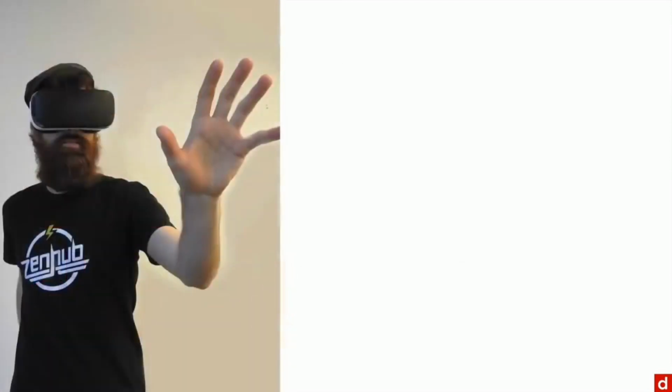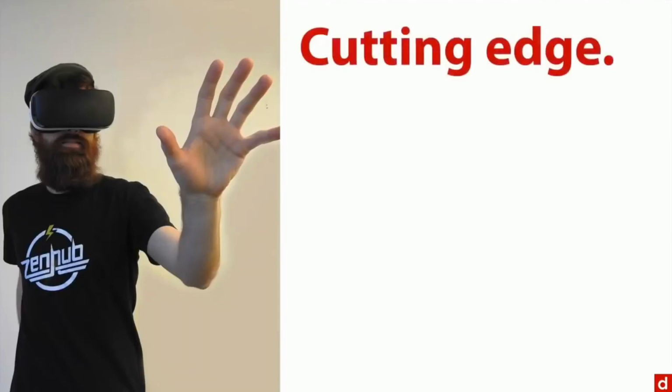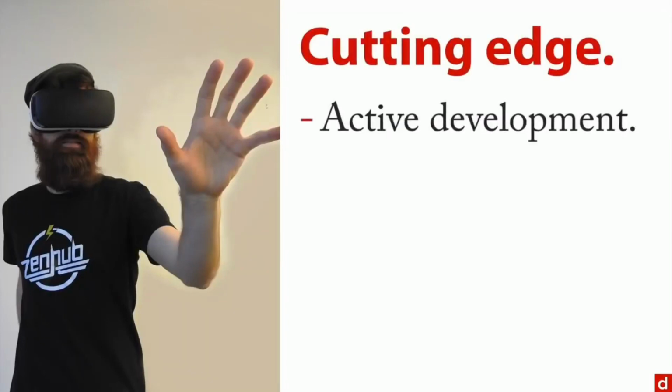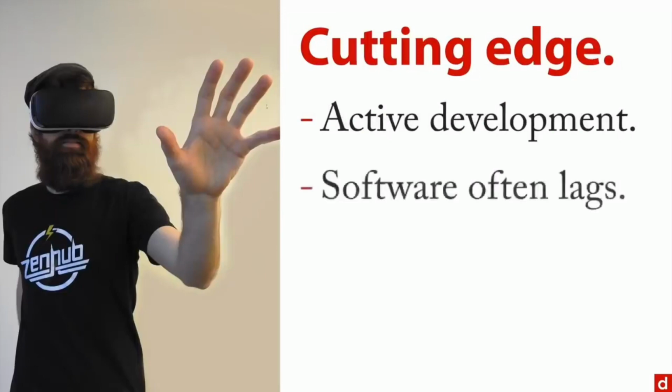A lot of people think you have to be at this totally cutting edge virtual reality sort of thing. And it's true, there's a lot of active development going on in data science. There's always new stuff. The trick, however, is the software that you can use to implement those things often lags. It'll show up first in programs like R and Python, but as far as it showing up in a point and click program, that could be years.